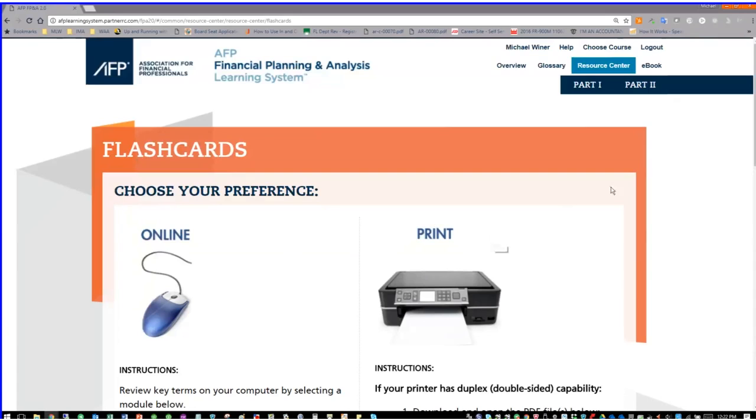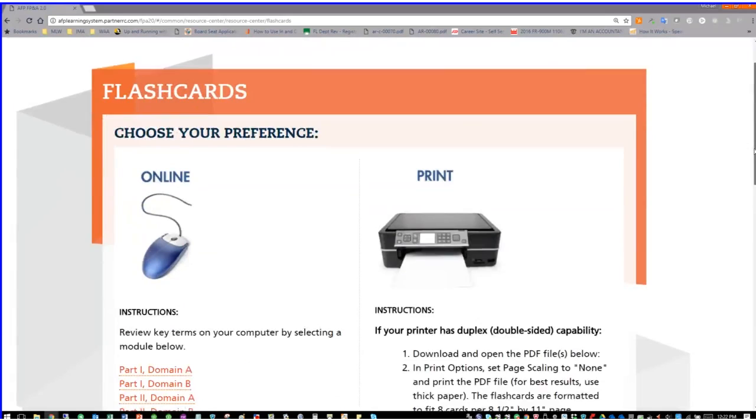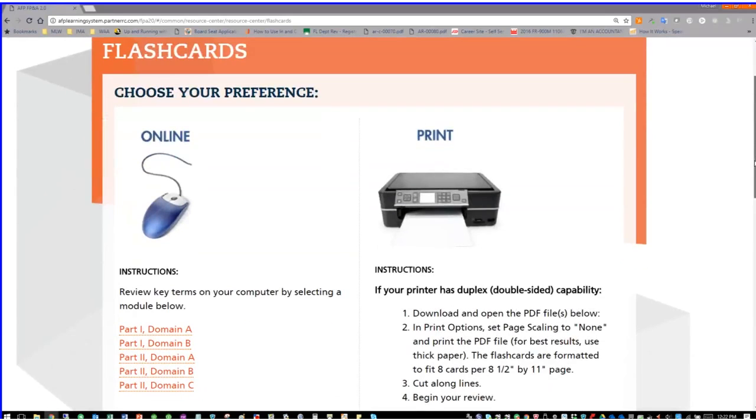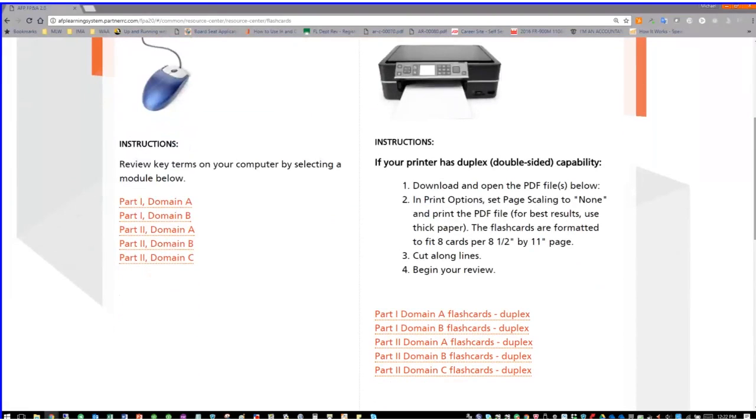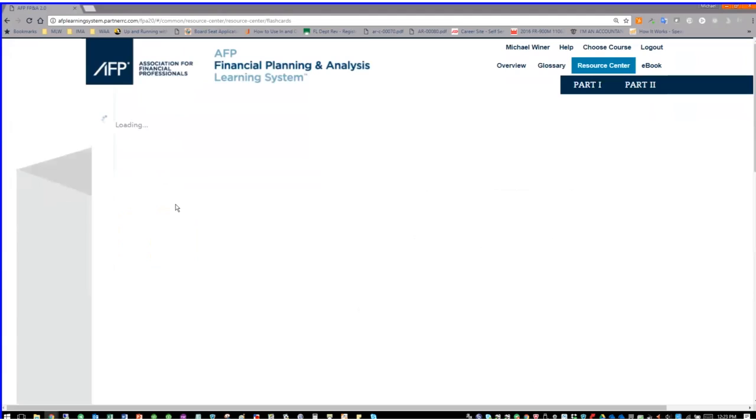So one of the options open to you is these flashcards. I encourage you to use them, since a lot of folks have said to me afterwards that this really helps. If you haven't already done them, you can open these. Let me see what the difference is here. Part one. Okay, it looks like these are two-sided versus these are one-sided. For our purposes, I'll open the one-sided.